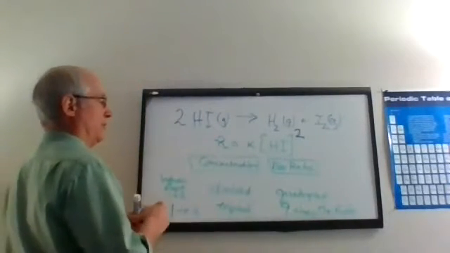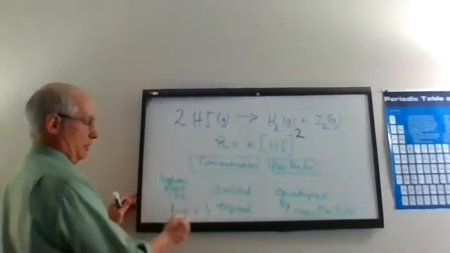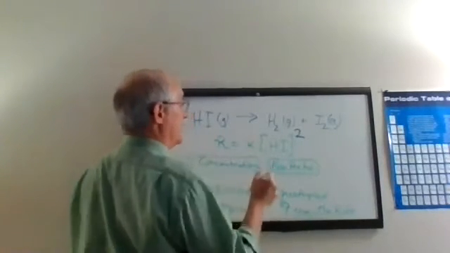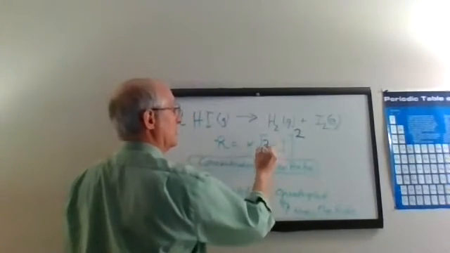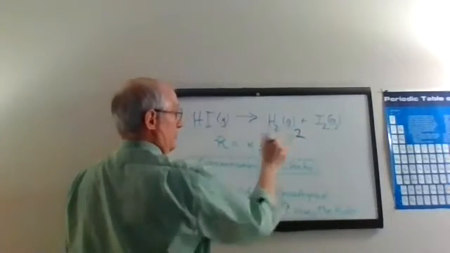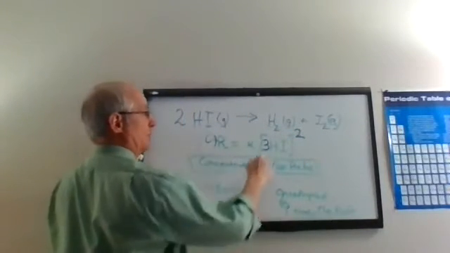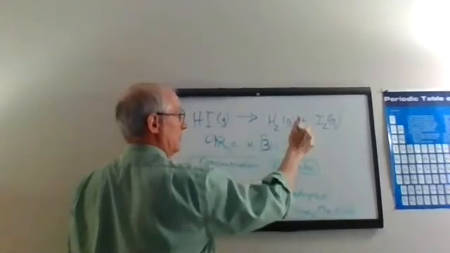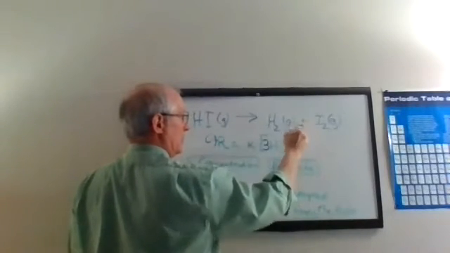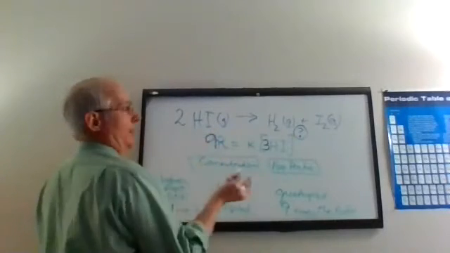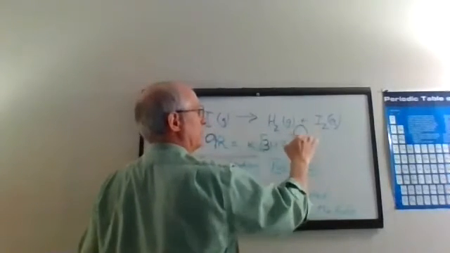So when we triple the concentration, that's between experiment 1 and experiment 3. When we triple the concentration, do we get 9 times the rate? Is that what it said? So a triple, what gives me a 9? Answer, a triple squared.